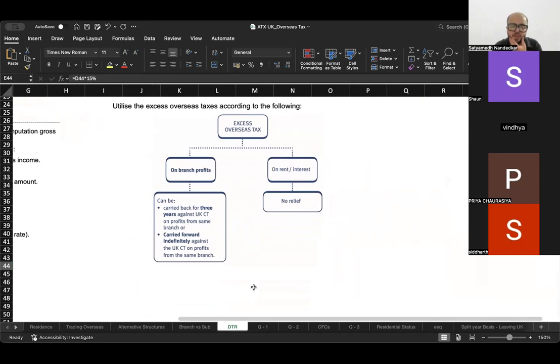What is this provision? Say, for example, the tax suffered overseas is 18,000 and you got DTR of 10,000.